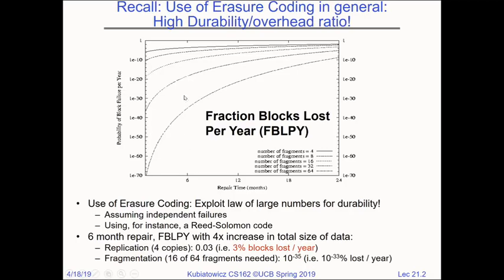If we were to slice along, say, the 6-month time frame, what you would find is that if I refresh every 6 months, with 4 copies, I lose 3% of my blocks a year with certain assumptions. With fragmentation, I lose 10^-33 % of my blocks a year. Same data size. So as you can see, erasure coding is pretty powerful.